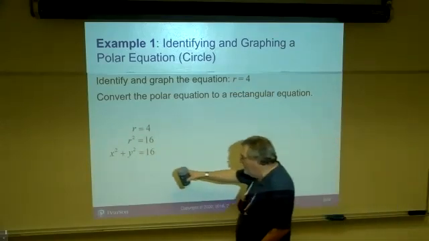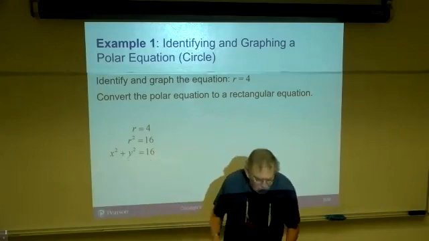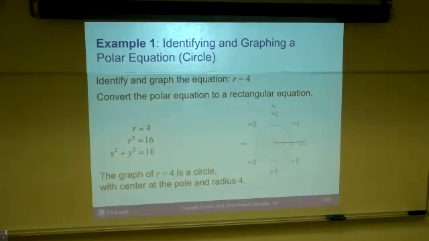And this is the equation of a circle with a radius of 4 that is centered at (0, 0). And there we have it. They start with an easy one that confuses a lot of people because it is so easy.